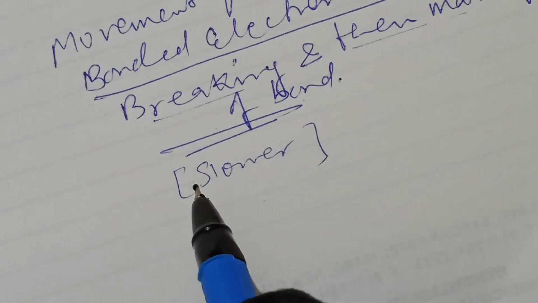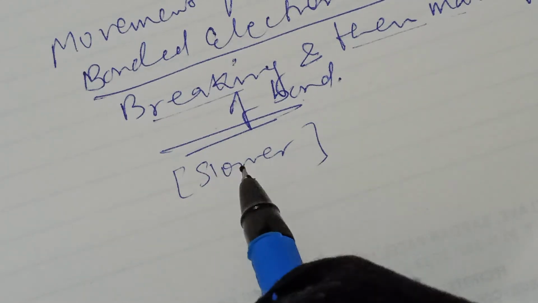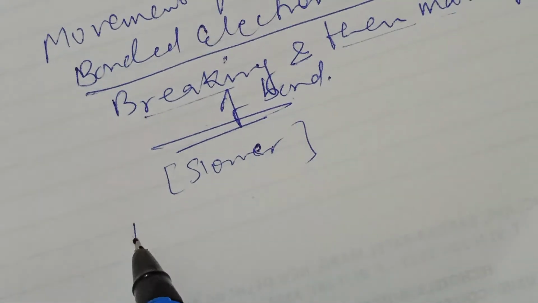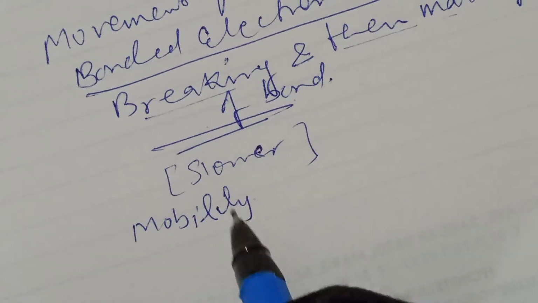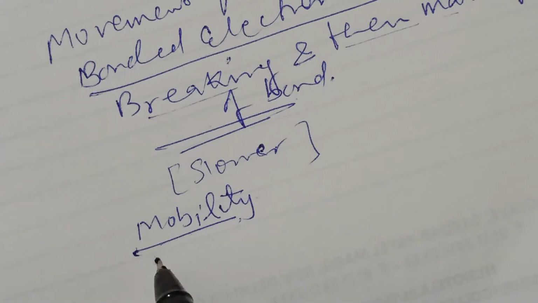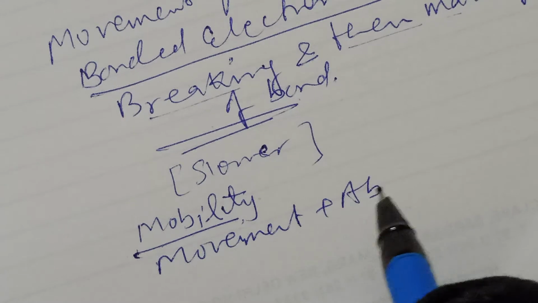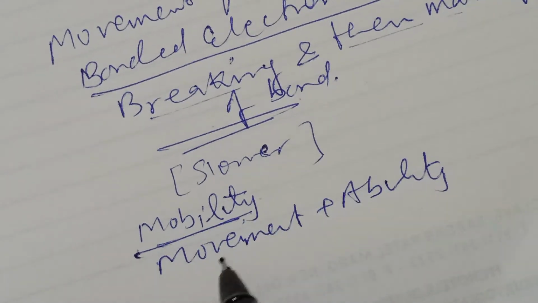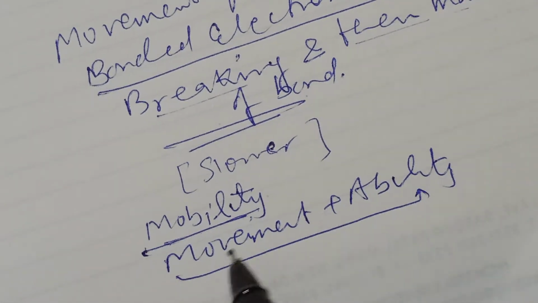That's why we say that the movement of a hole is slower than the movement of a free electron, and this is represented by a property called mobility. Movement plus ability: mobility. So the parameter mobility represents the ability of any charged particle to move.